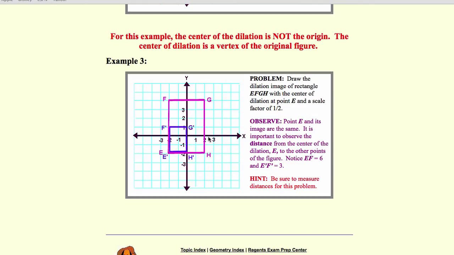This is one where you would not want to multiply the coordinates by the scale factor. If we look at EH from this point here to here, we have 1, 2, 3, 4. What's half of that length? 2. So from that point, I'm just going to count over 2 spaces, and there's my H prime. Okay?